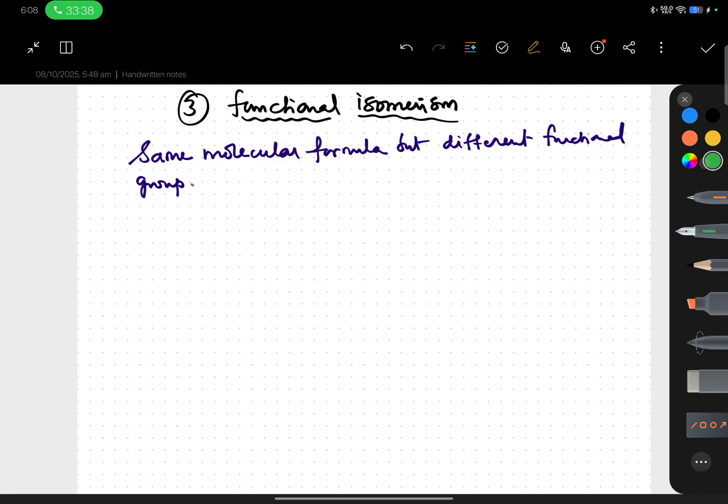So they have given a few examples, like aldehydes and ketones. For example, you take 3 carbons.